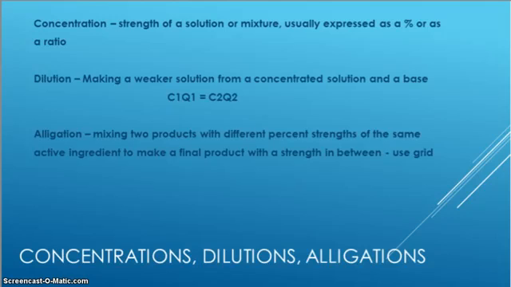So you have something stronger, something weaker, and you put them together and make something in between. That's why you can also use it for dilutions, because that something weaker is your water or your petrolatum base or your cream base. So let's take a look at how all of these things work together, and let's try a few problems.